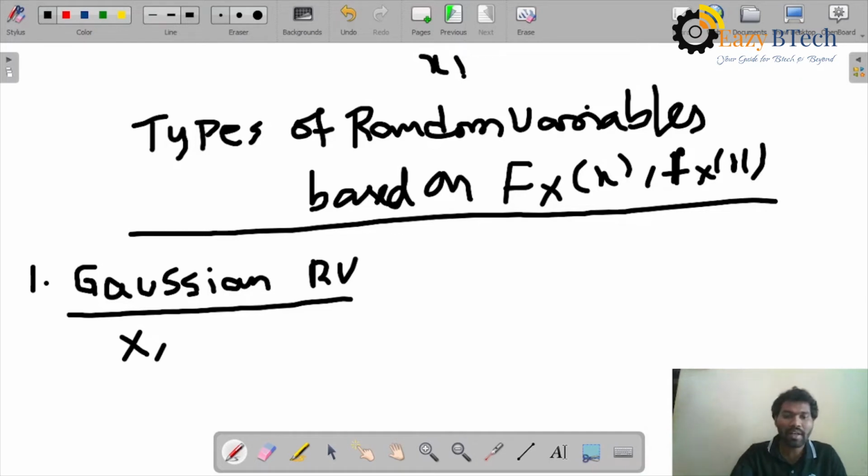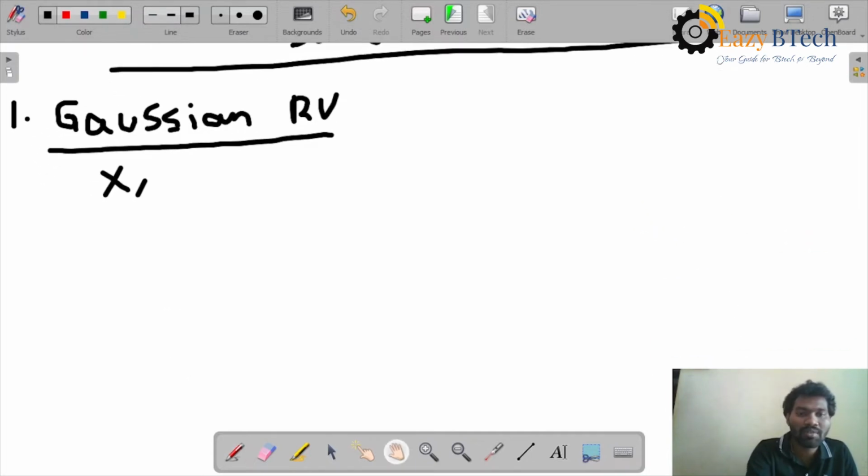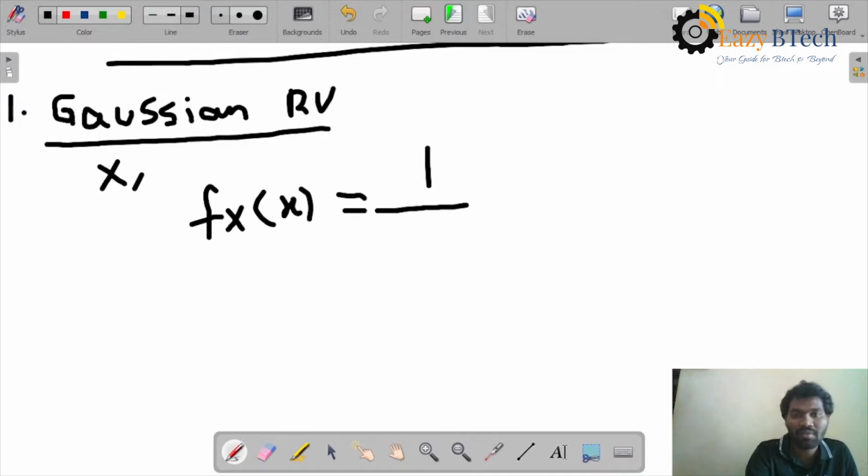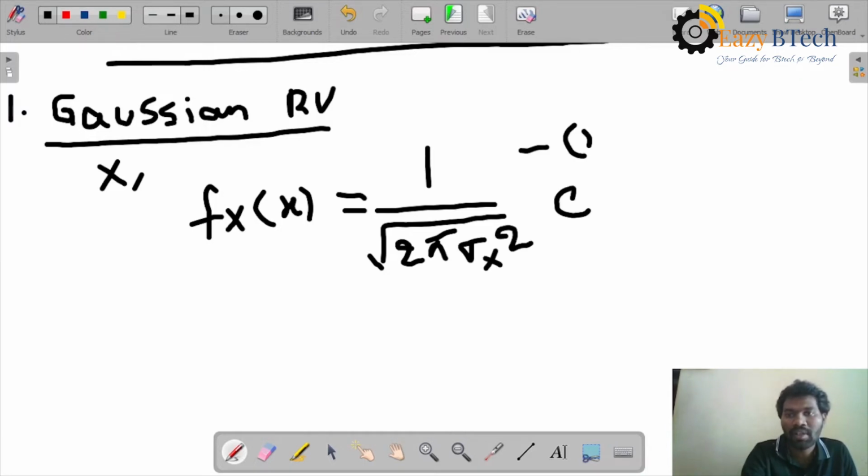So how can I say that it follows the Gaussian distribution? The random variable's density function fx(x) must be like this: 1 over the square root of 2 pi sigma x square, e power minus (x minus ax) whole square by 2 sigma x square.